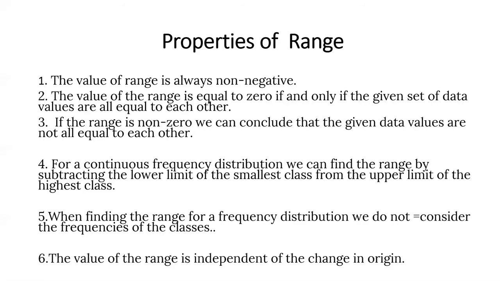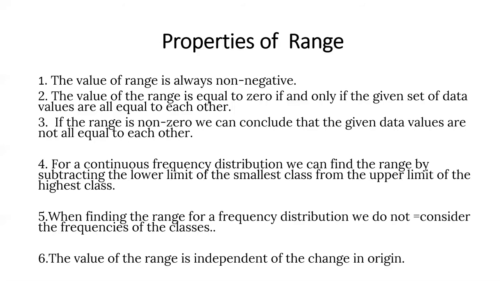The fourth one: for the continuous frequency distribution, we can find the range by subtracting the lower limit of the smallest class from the upper limit of the highest class.